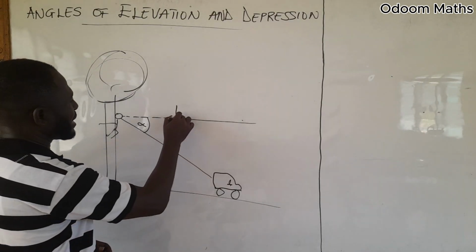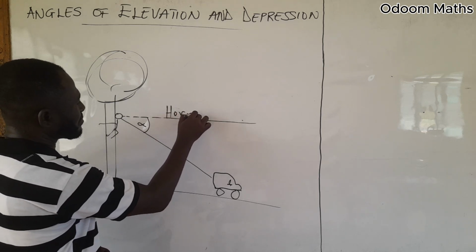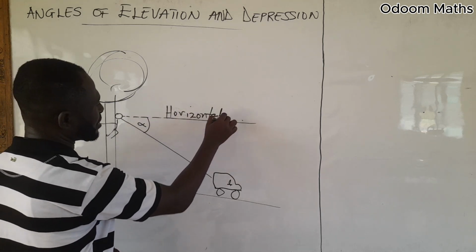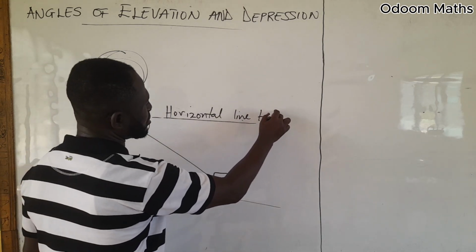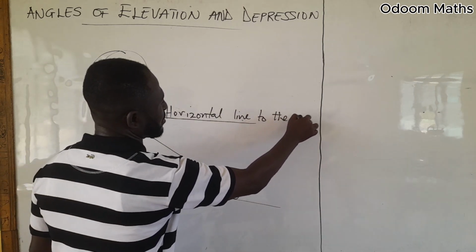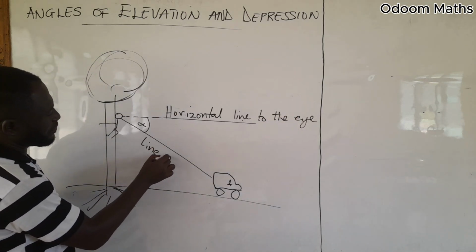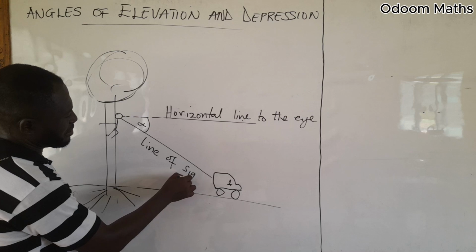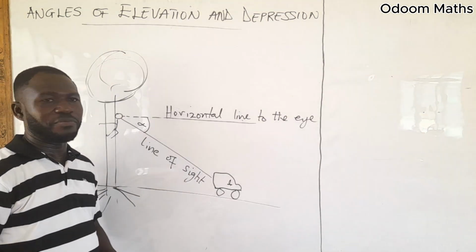So this is the eye, horizontal line to the eye. And then this is the line of sight. Okay, so the angle formed here is the angle of depression.